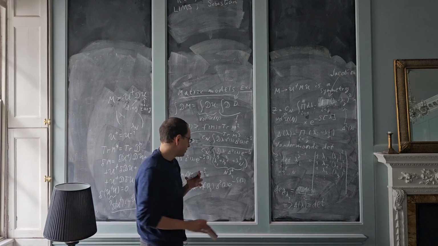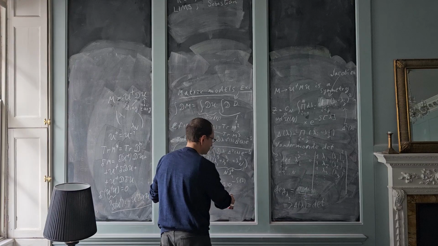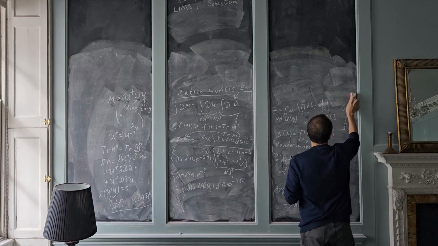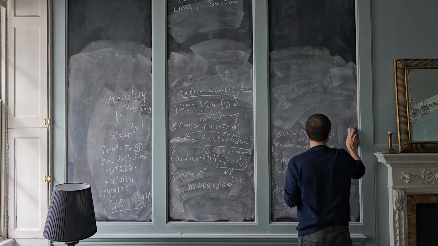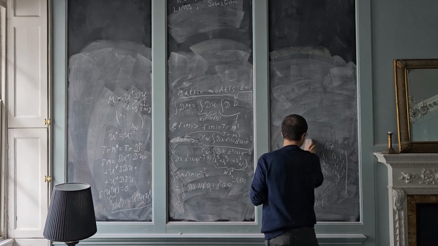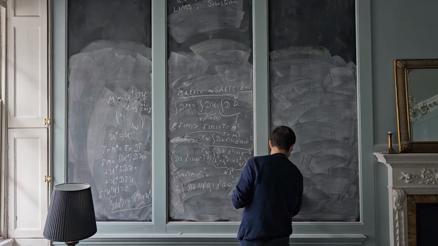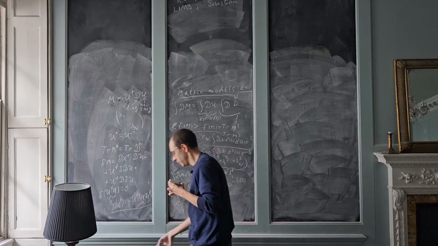So we can combine this Jacobian and e to the minus S together and call the result the effective action. In the M variable, we just had S of M, but now it also comes multiplied with this thing.